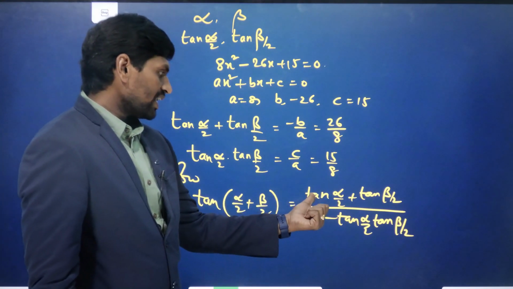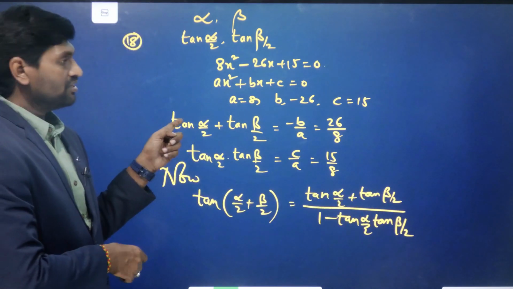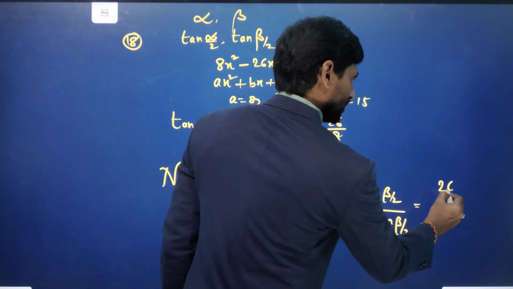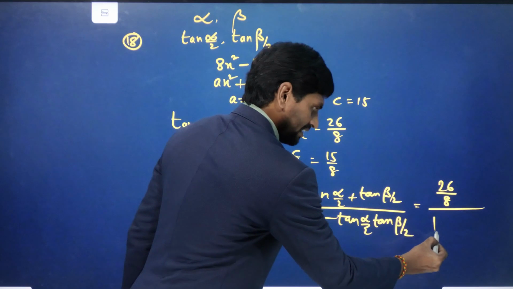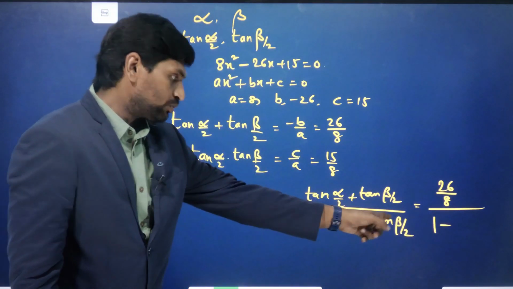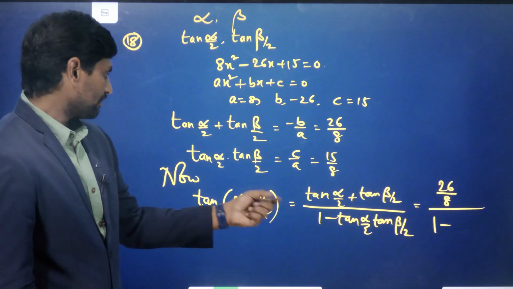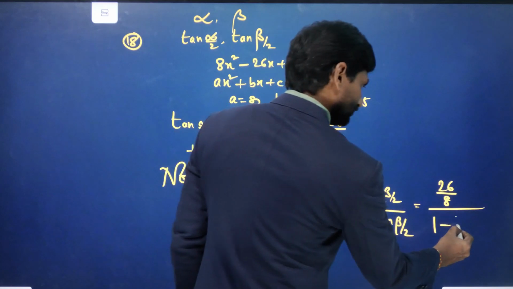See that numerator tan alpha by 2 plus tan beta by 2 means this one sum of roots only, no? So we can write 26 by 8. So numerator is 26 by 8 and the denominator 1 minus tan alpha by 2 into tan beta by 2. See, tan alpha by 2 into tan beta by 2 value 15 by 8.